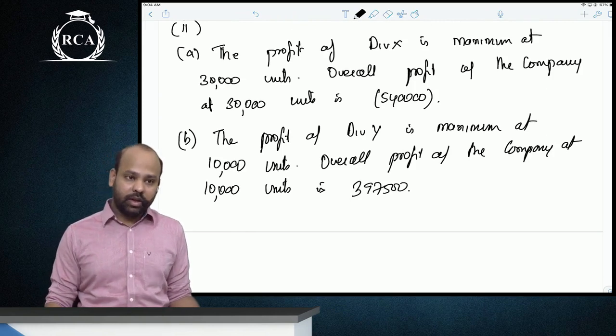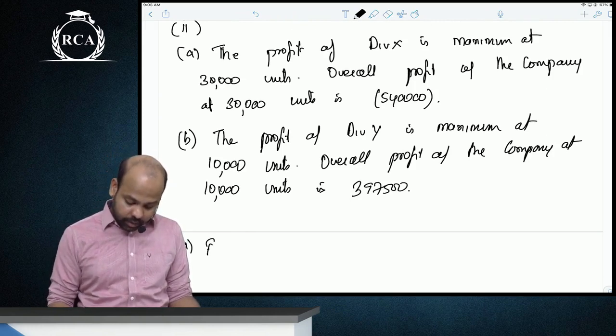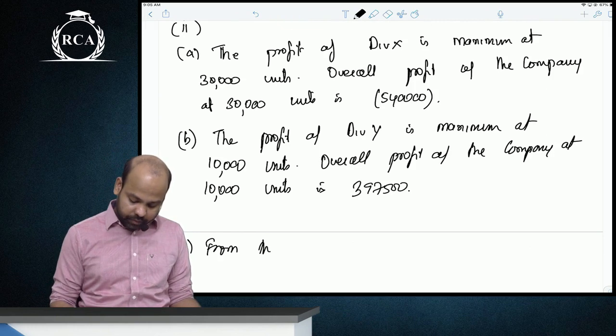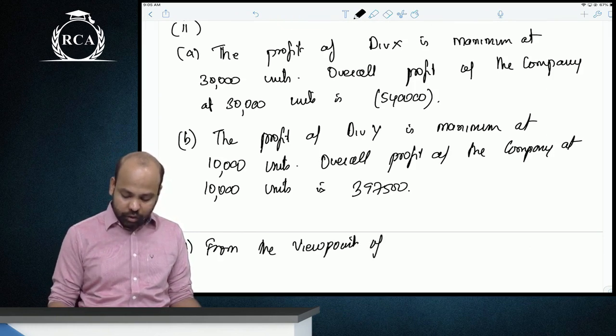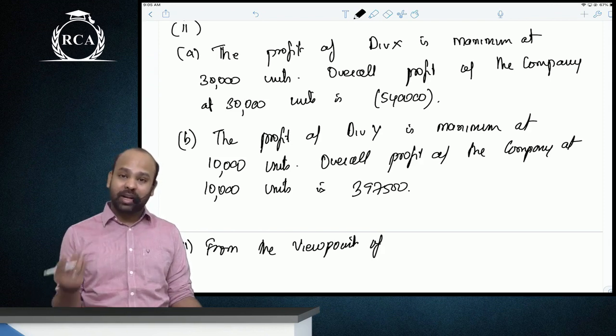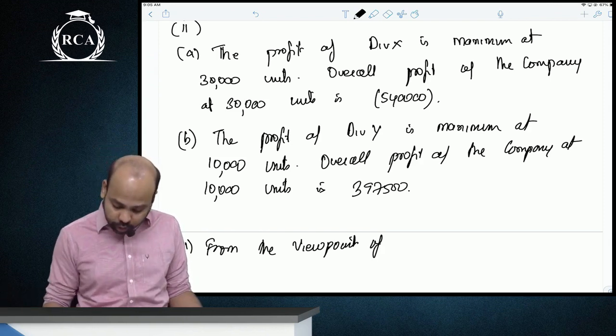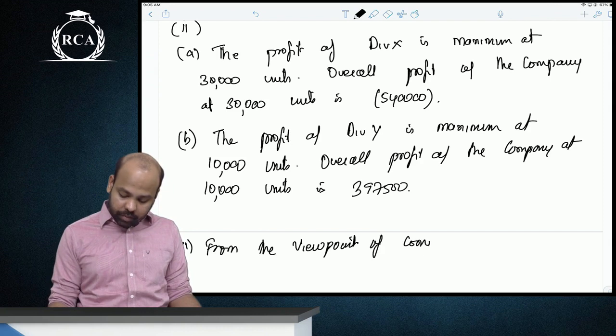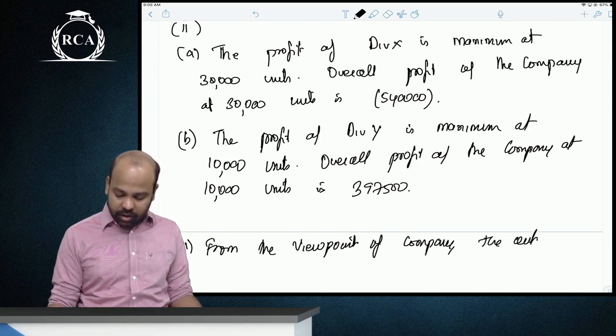This is the answer, guys. But from the viewpoint of the company, if you ignore this divisional form of organization, if you ignore the fact that the profitability of the divisions is more important, from the viewpoint of the company, the output level should be 15,000 units.